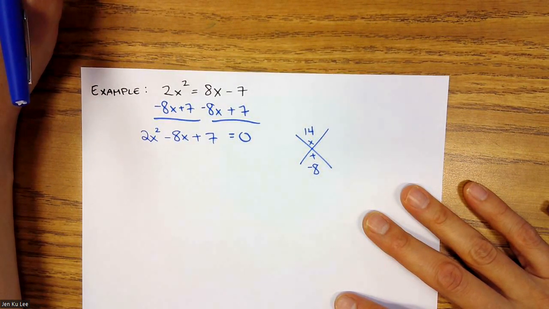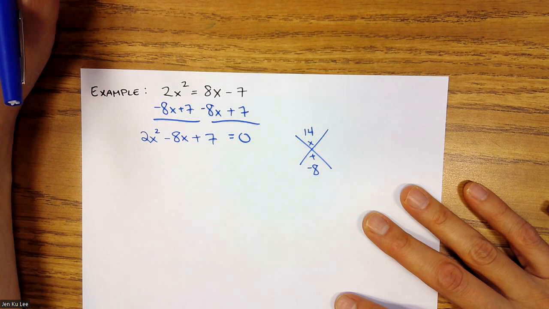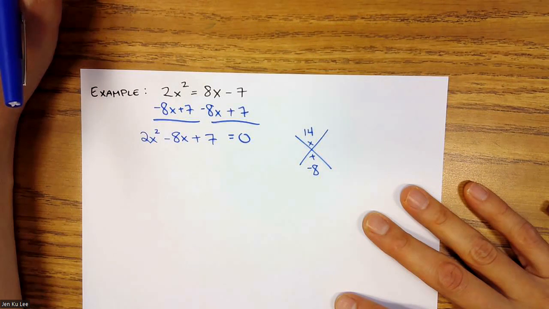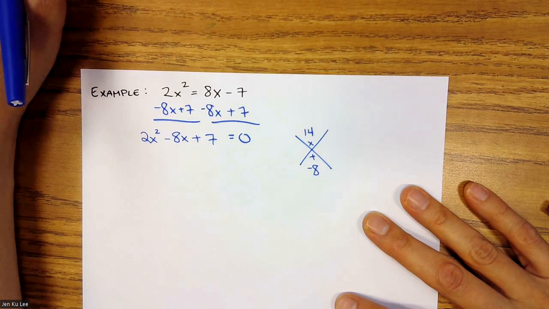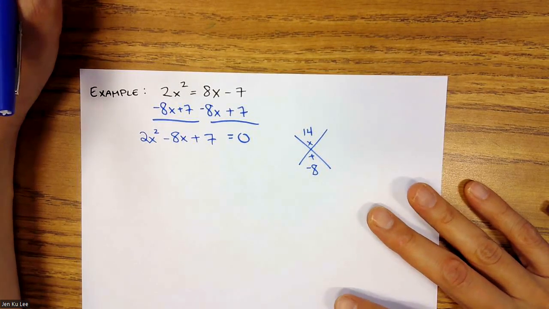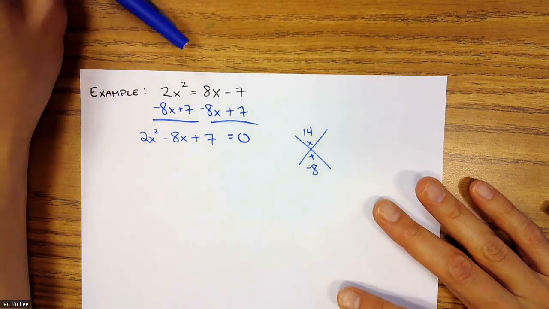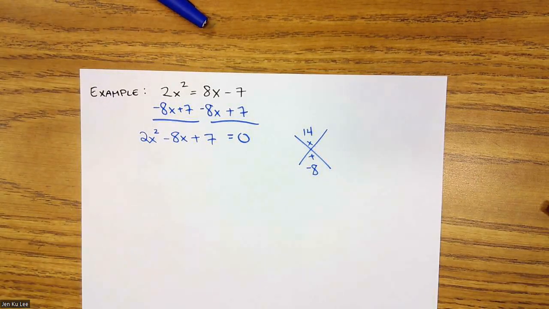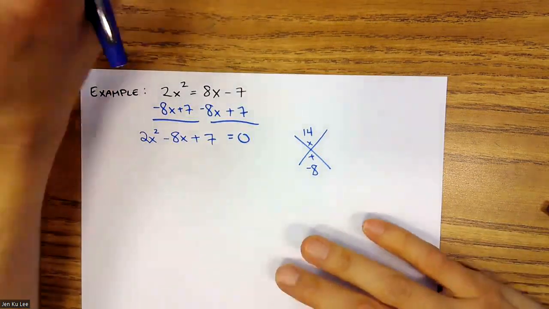Are there two numbers that make a product of 14 and a sum of negative 8? One for yes, two for no. Everybody. One for yes, two for no. I see a bunch of twos. So it's a no, right?